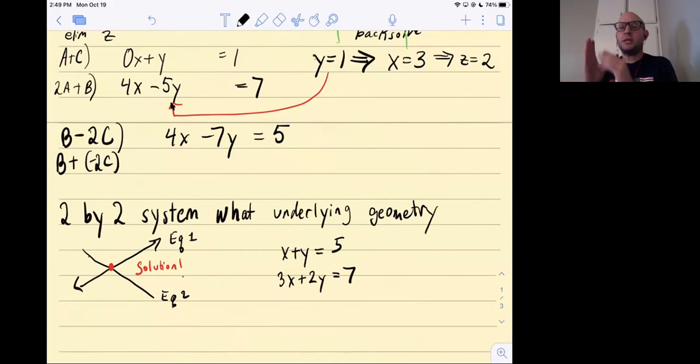And remember, if we have two equations that are really the same equation, but the numbers are not in the correct proportion, then it's like two lines that are parallel but never cross. So that would be a case where there's no solution.